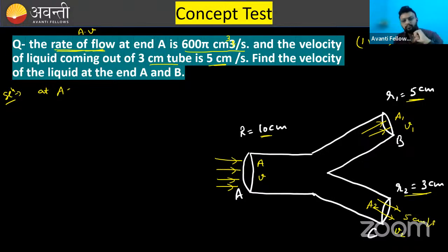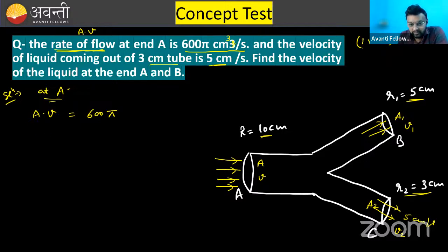Clear? Now, at A, the rate of flow A into V is equal to 600 pi centimeter cube per second. That means I have taken the unit of centimeter cube per second. I have not changed it. Now, area is what?